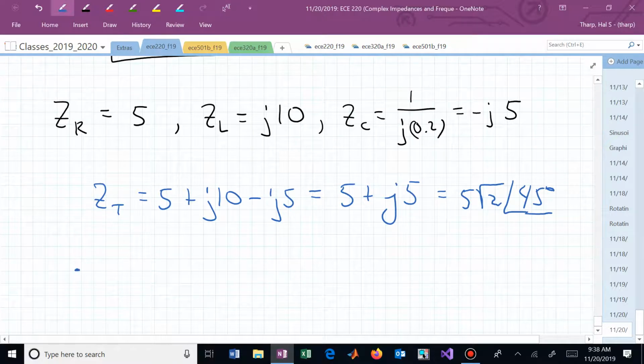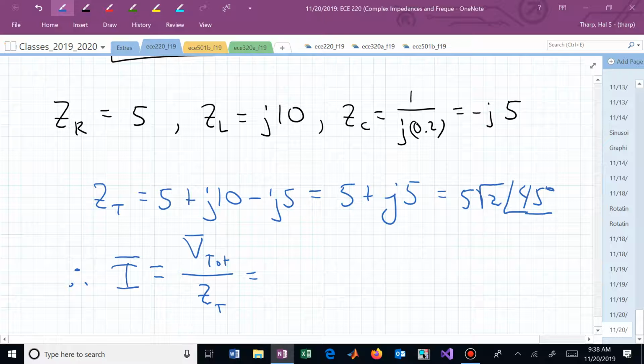And now I can compute the current through that circuit in the sinusoidal steady state analysis. That's V total phasor over Z total, which is a complex quantity.